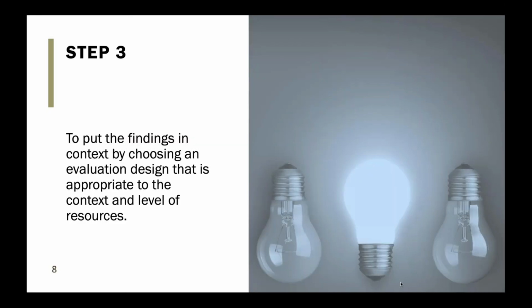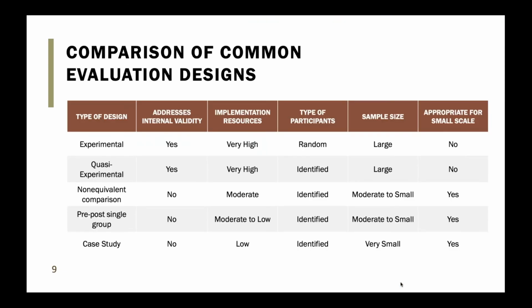So also last time, we introduced step 3 of the formula. And in step 3, we talked about choosing an evaluation design that's going to be appropriate to the context and the level of resources that you're using. And towards that end, we provided the comparison of a number of common evaluation designs and some of the considerations in thinking about what design you want to use, like the extent to which it addresses internal validity, the implementation resources, and things of that nature.